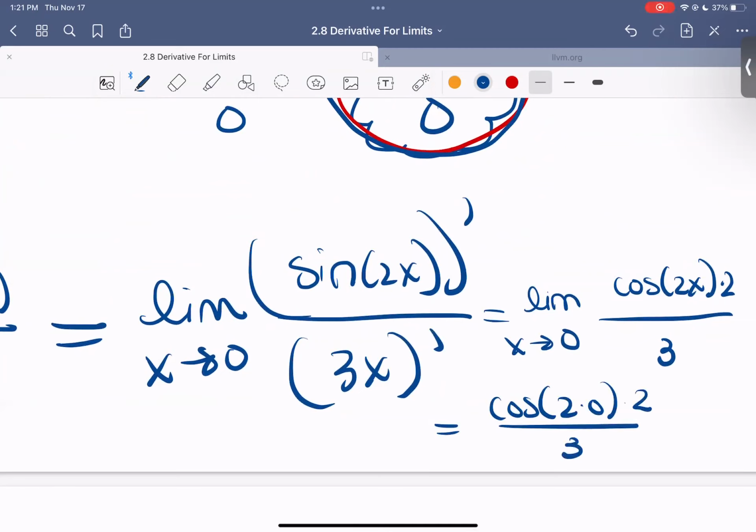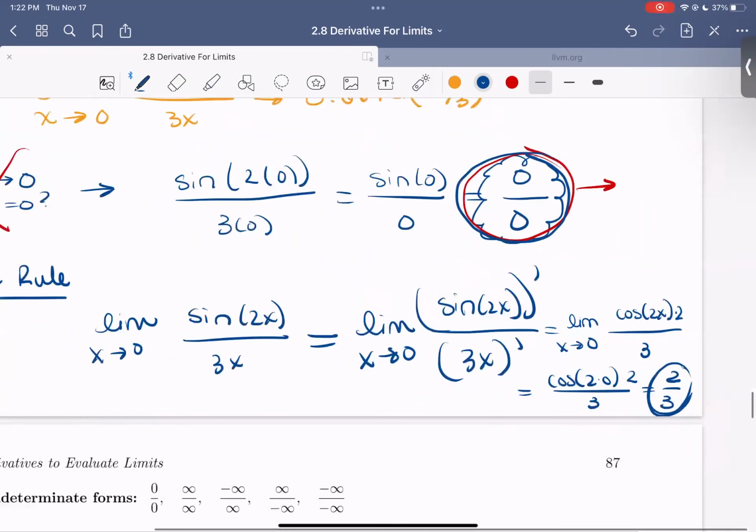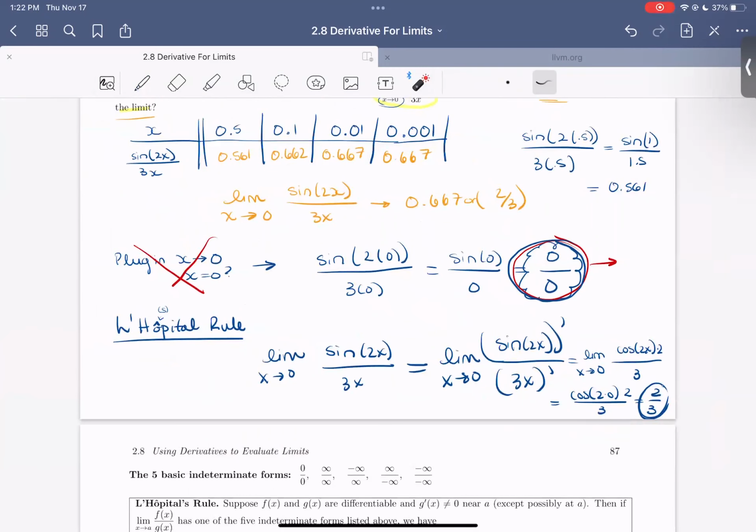So this becomes 2 over 3. And we see that that does indeed match up with the value that we saw our table approaching. We'll just go ahead and circle that here. The value that we found from our table was 2/3, and that is also the value that we're getting for the limit using L'Hopital's rule.